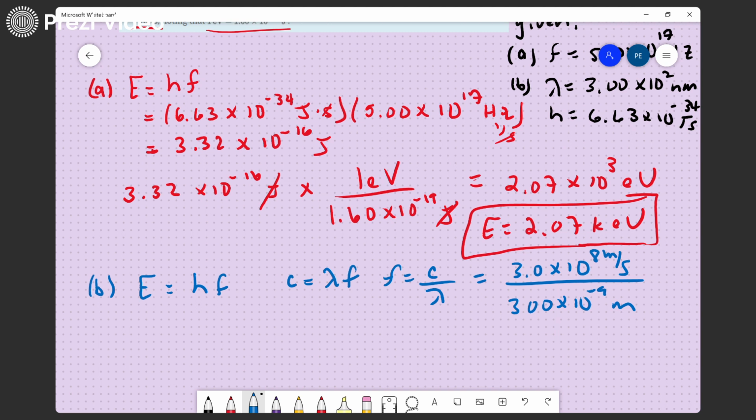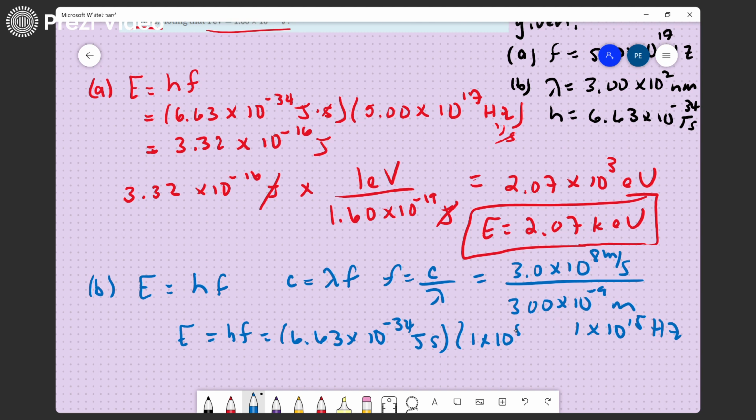Okay, and so this comes out to 1 times 10 to the 15 hertz. So now my energy, which is hf, is equal to 6.63 times 10 to the negative 34 joule seconds times 1 times 10 to the 15 hertz, which is inverse seconds.